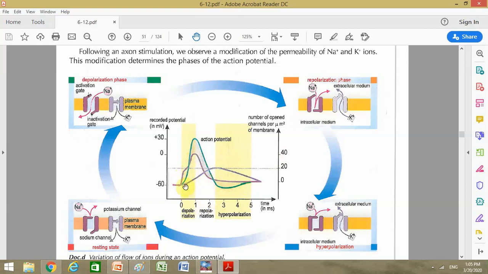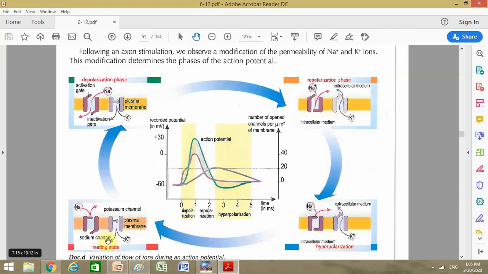And here we talk about the depolarization phase, and then the K plus starts to exit through the channels, and here we see the opening of the K plus channels. Notice that they take a little more time to start increasing and they take more time to close, while the Na plus channels open initially at the beginning.